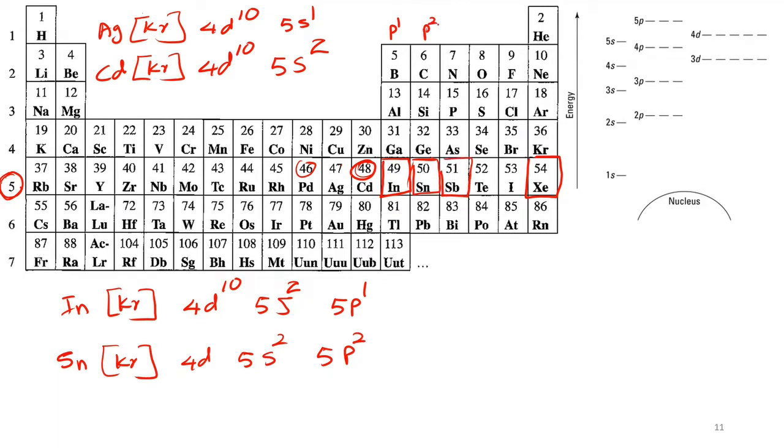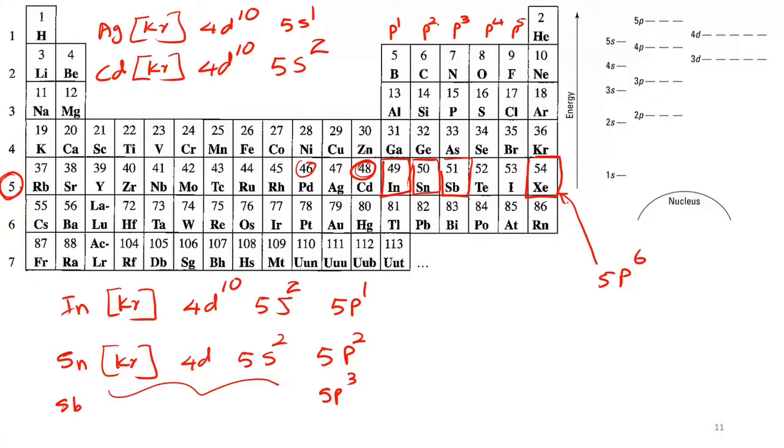Antimony. We are in the 5th period. You will find p3. So for antimony, you will have all this structure as it is, and it will end as 5p3. This is going to be p4, p5, and finally xenon will end with 5p6.